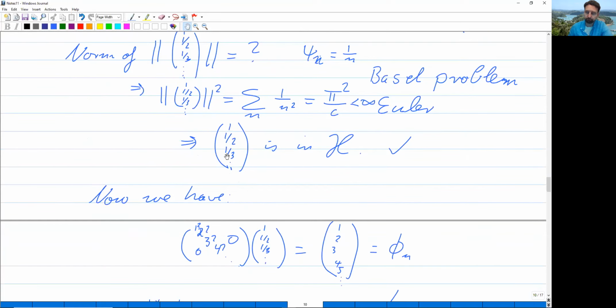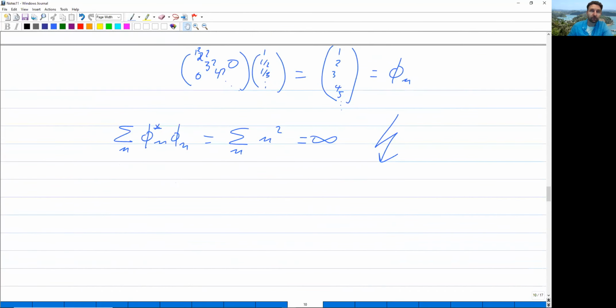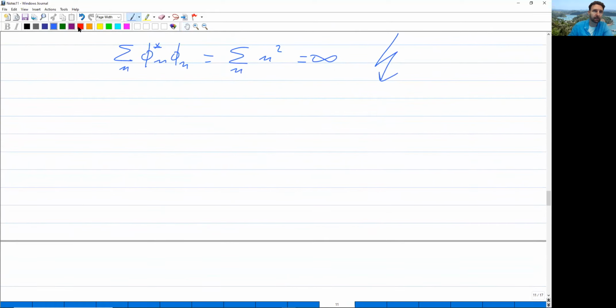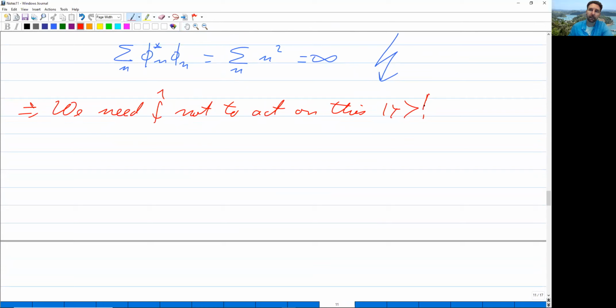So therefore, we have to restrict the domain of our operator f, so that f hat does not act on this psi. So notice the situation. Psi is in the Hilbert space, but this operator is not supposed to act on this vector in the Hilbert space.